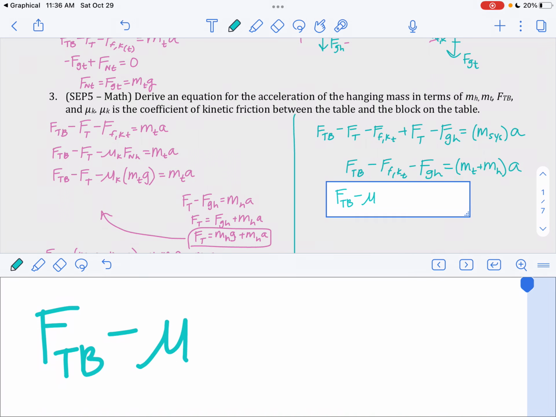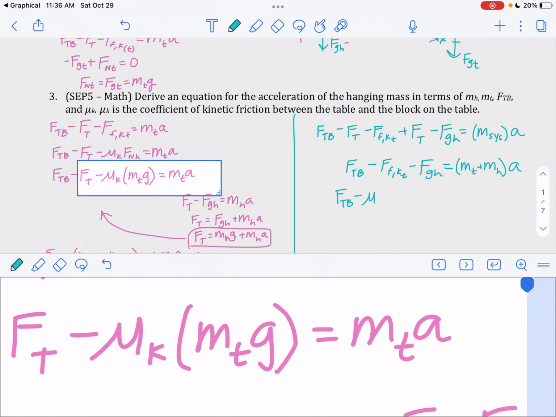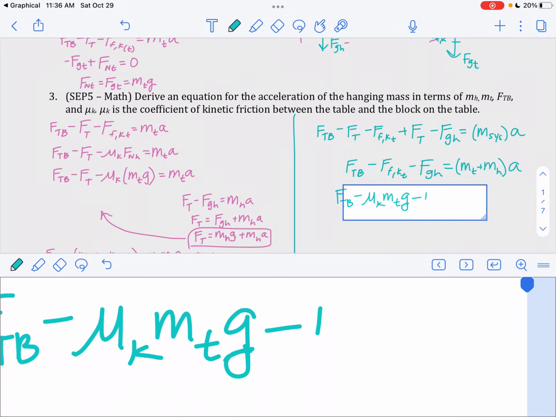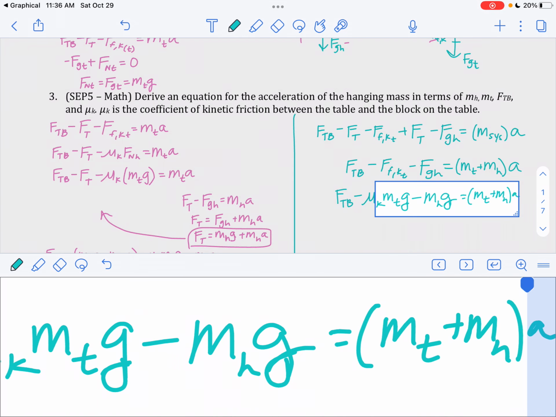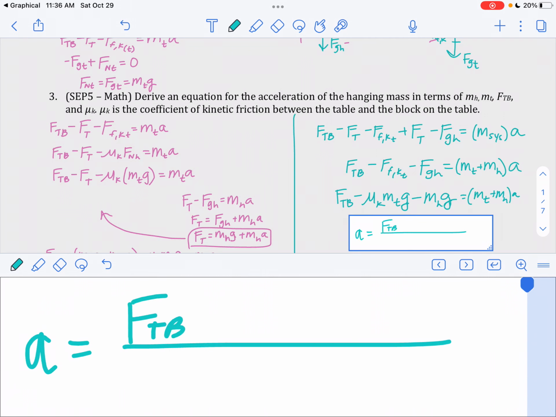So I'm going to break down force of friction on the table just like I did over here, except I'm just going to jump to the mu k times mtg. And then the force of gravity on the hanging mass is the mass of the hanging mass times g. And some of you may be noticing this, I get the same exact answer, except it's a little bit less math.